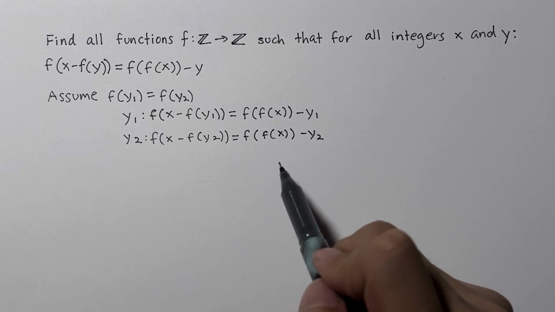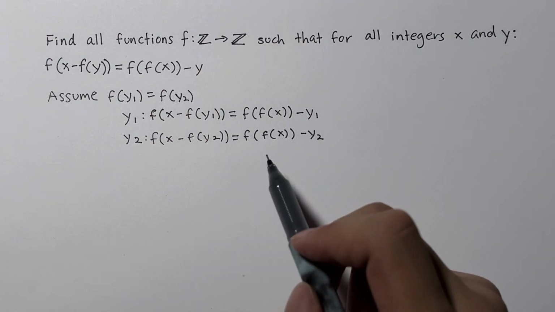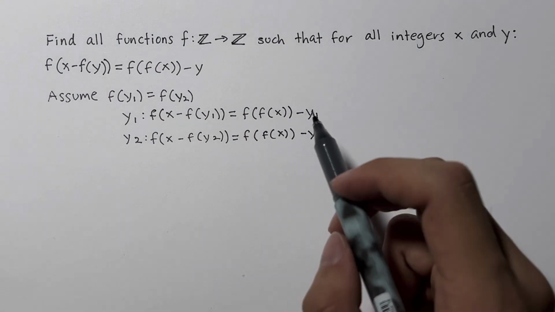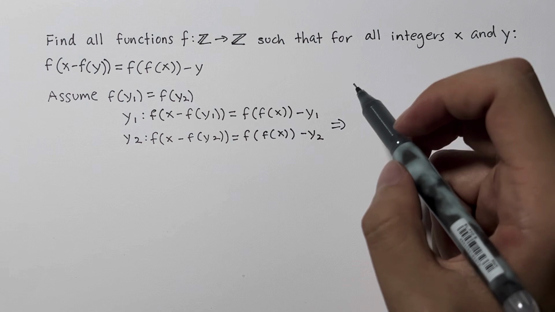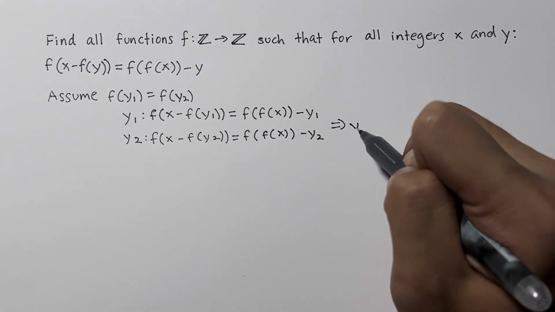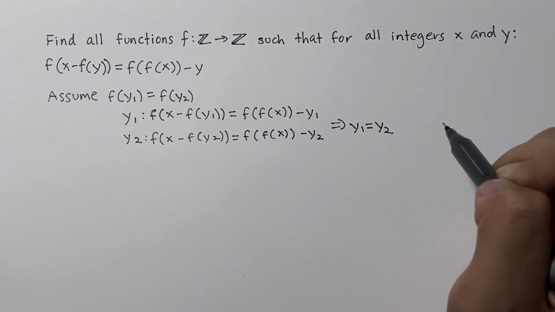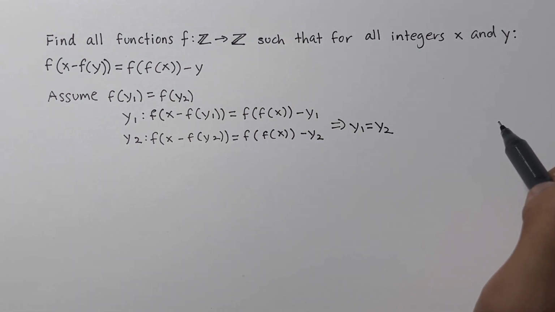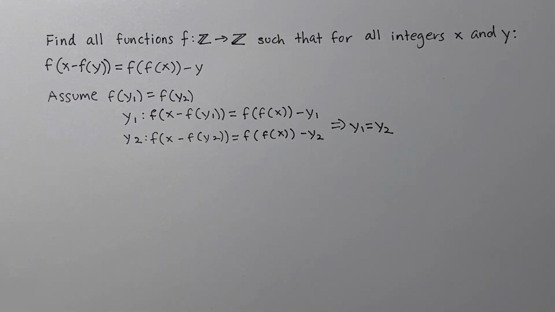Subtracting f of x from both sides will give us negative y1 equals negative y2, which, canceling out the negative signs, gives us y1 equals y2. This proves that the function f is injective, or in other words, one-to-one. And this is the breakthrough for the first step. It tells us that different inputs must lead to different outputs.